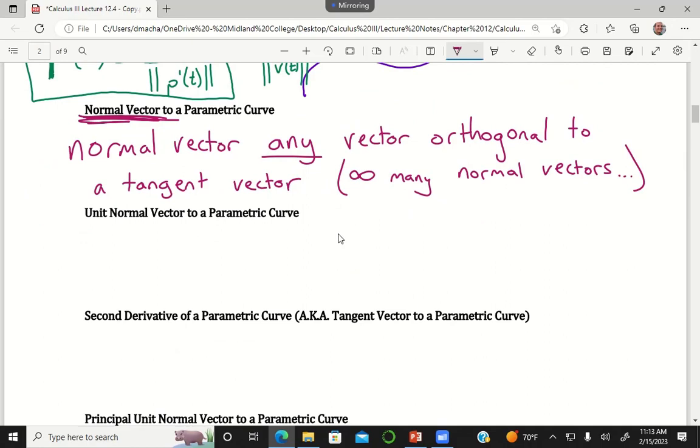So this definition shouldn't surprise you, but a unit normal vector is just a normal vector with magnitude 1, just like the unit tangent vector was just a tangent vector, but with magnitude 1.